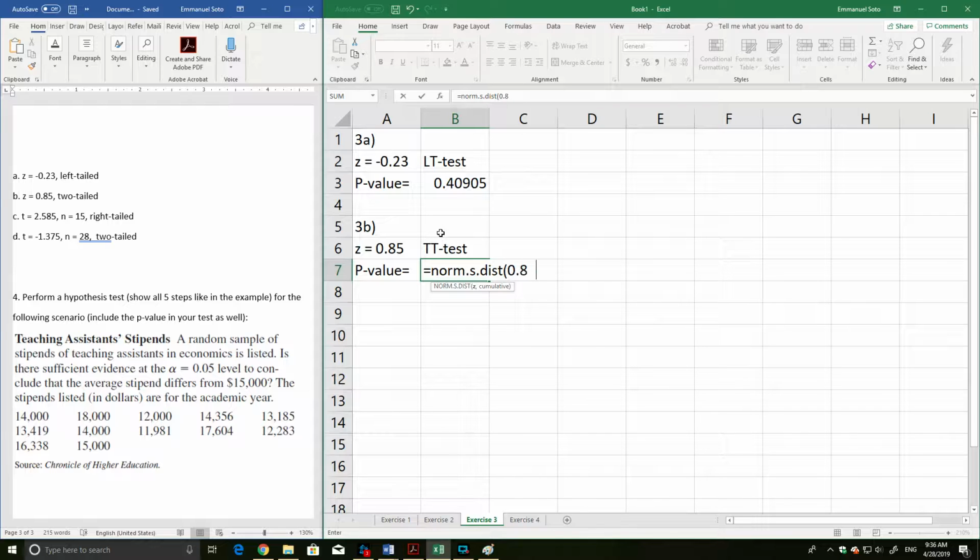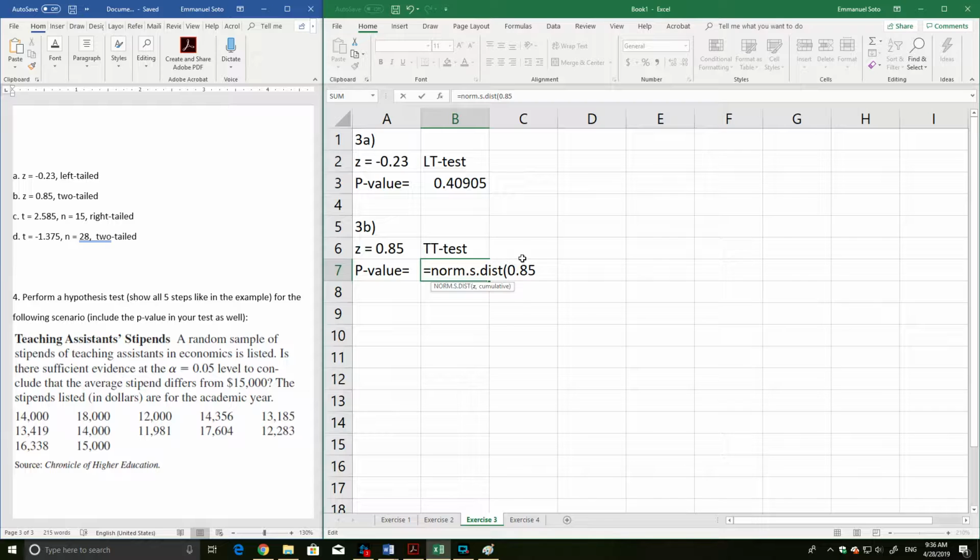Type in your z-score. Now, since you're looking at a two-tailed test, you have essentially two values that you want to look this up for. So since you're looking at a two-tailed test, you can do the negative version of the z, or you can do the positive version of the z.